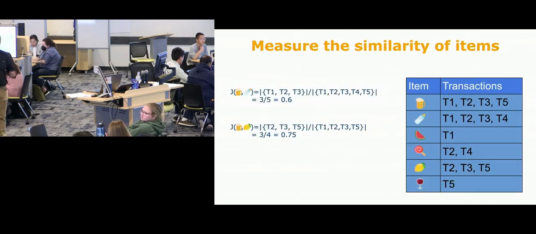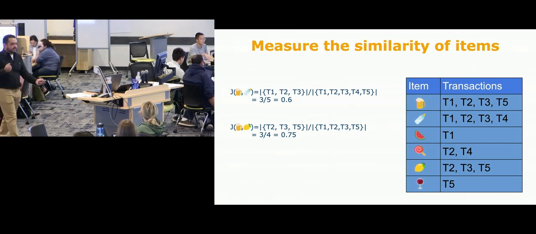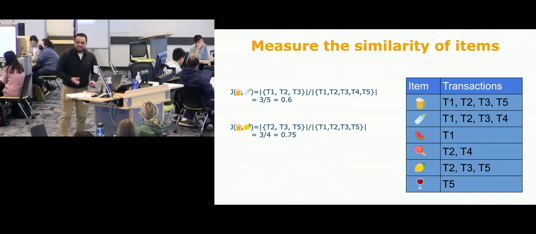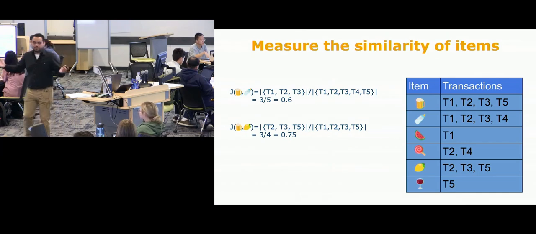And once again, you could compute the similarity between milk and beer. Milk occurs in 3 baskets, beer also occurs in 3 baskets, and the union is all 5, so it's 0.6. So the similarity between milk and beer is 0.6. Of course, this is not making any general statements about the state of the world.